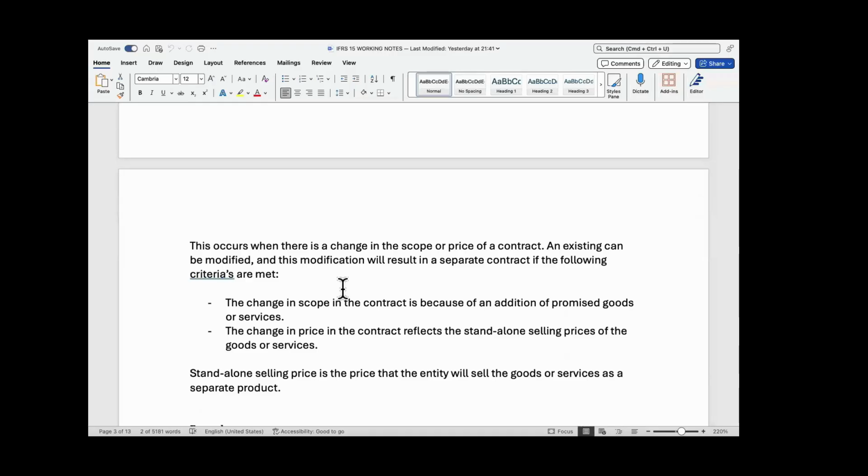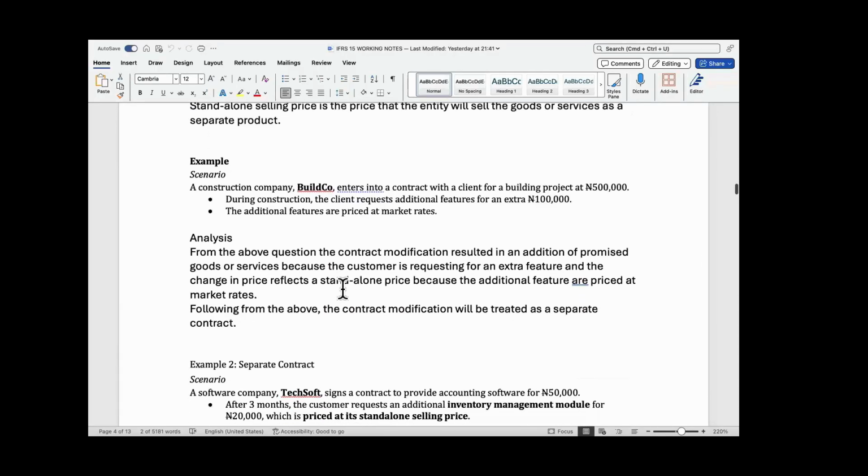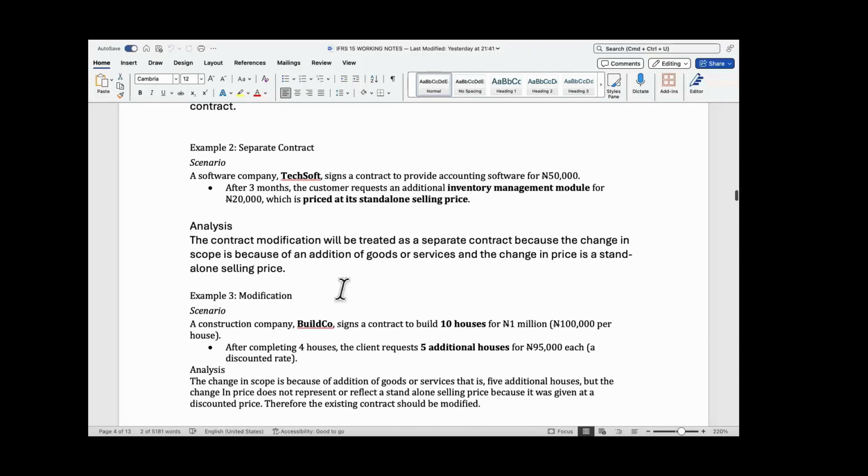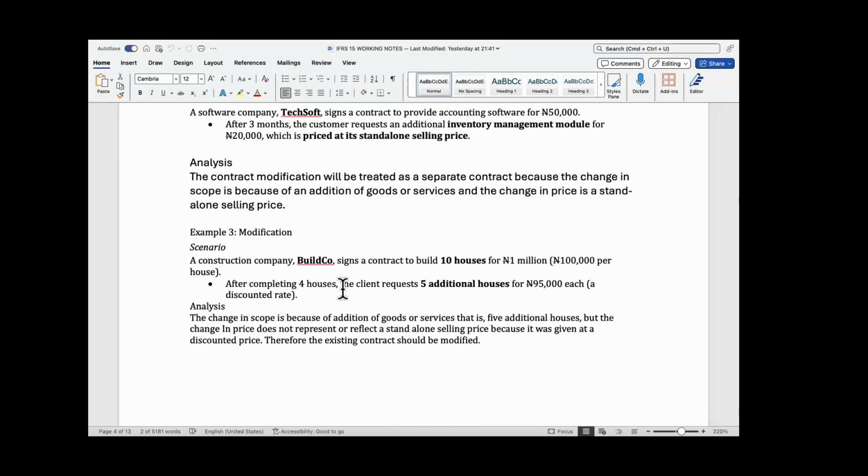A contract modification will result in a separate contract if the following criteria are met: if the change in scope is because of an addition of promised goods or services, and if the change in price reflects standalone selling prices, then that modification will be seen as a separate contract. We looked at examples where the modification results in a separate contract and those where it results in adjustment of the existing contract.